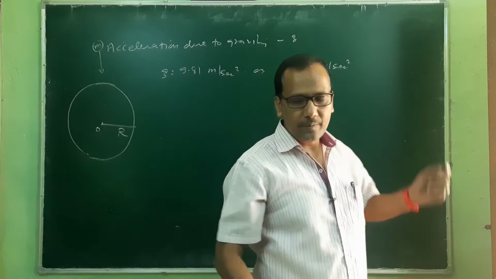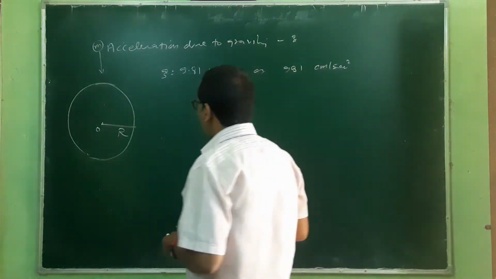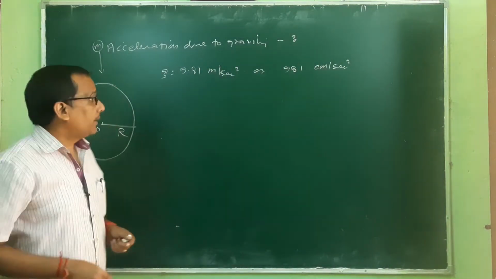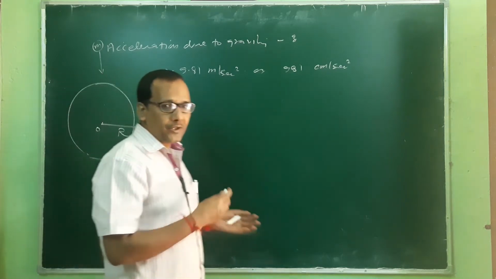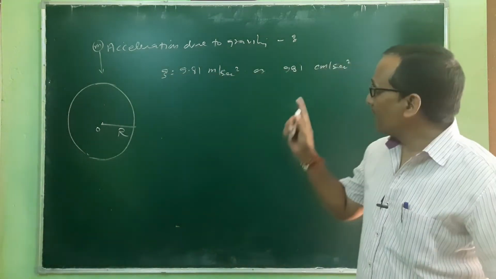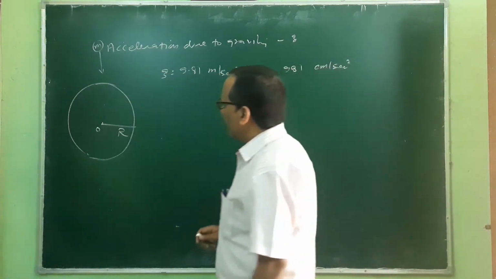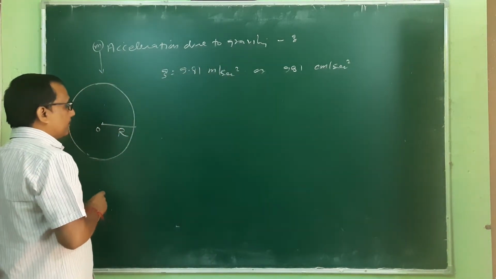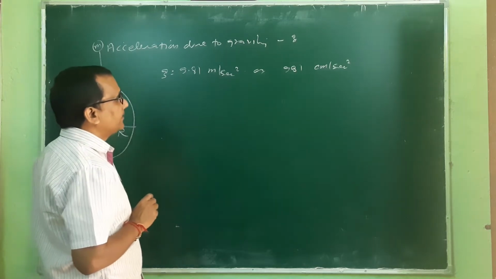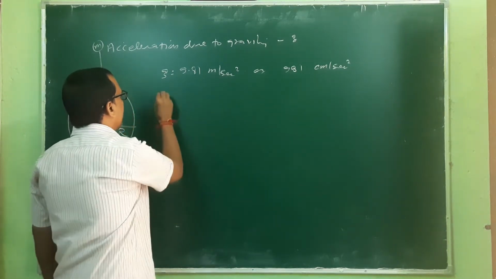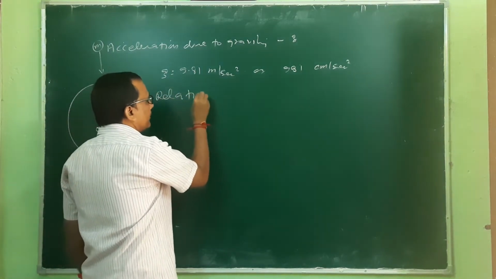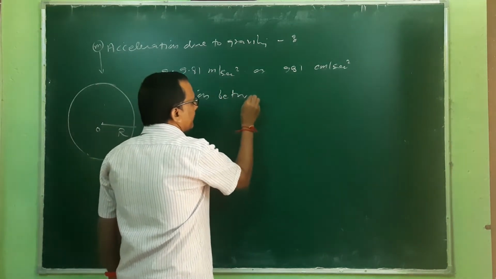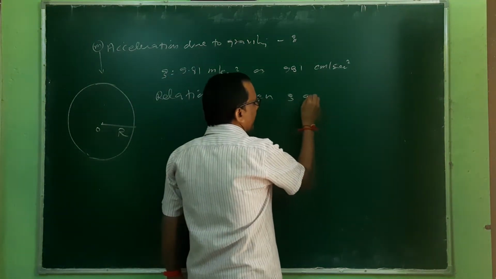In the FPS system, it's about 32. And then we have also discussed the variation of this small g, acceleration due to gravity, on the Earth, and this g actually depends on the radius. So let's have the relation between the small g and capital G.